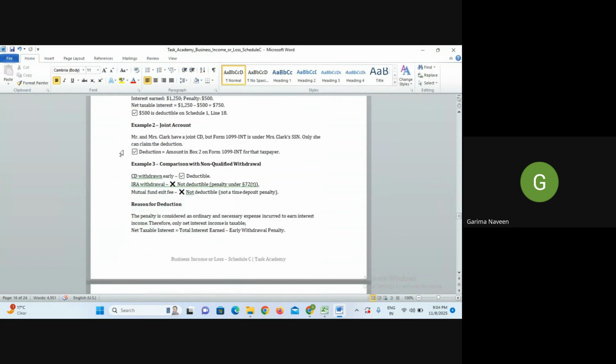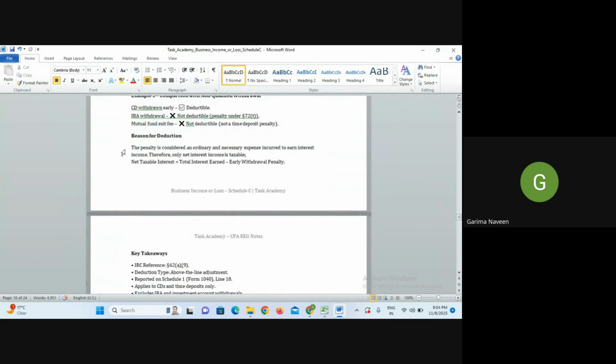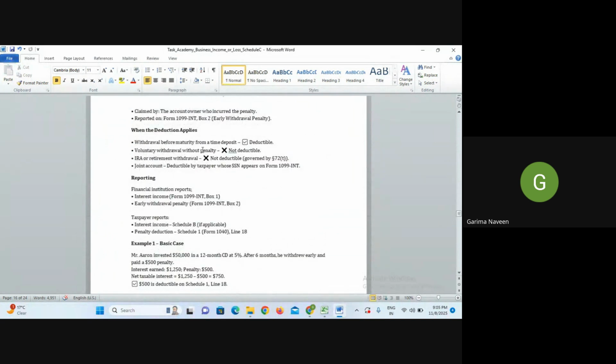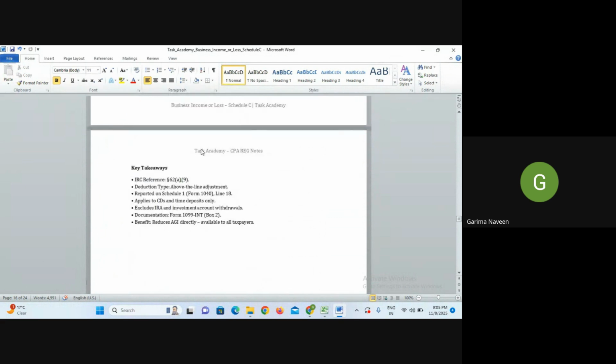For example, I told you, from an IRA you can withdraw your amount after the age of 59 and a half years. But if you are not eligible, then you need to pay a penalty on this withdrawal. So if you are paying any penalty on early withdrawal, then you can deduct it in your Form 1040.